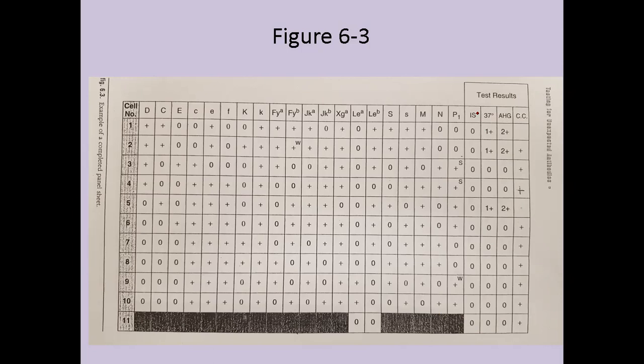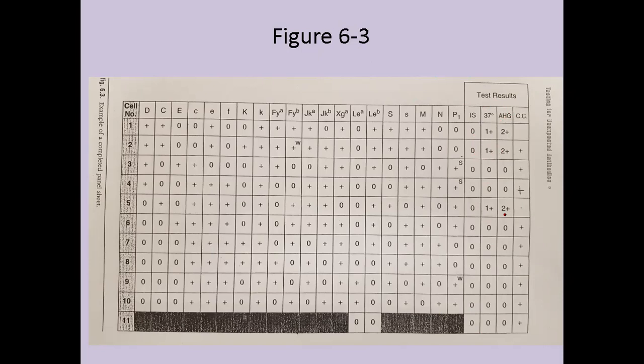When we look at the pattern of reactivity with this antibody, we see no reactions at immediate spin. At 37 degrees, we see a couple of weak reactions pop up. By the time we move to our final phase of AHG, we can see that the reactions are getting stronger.